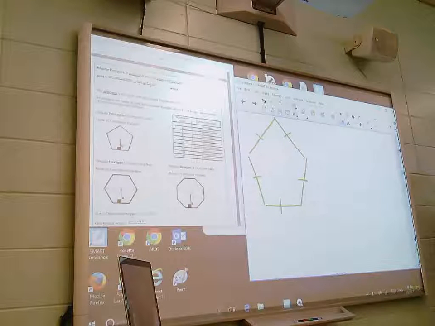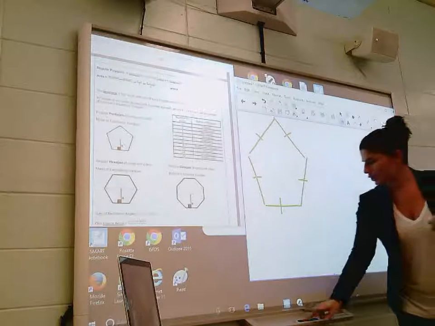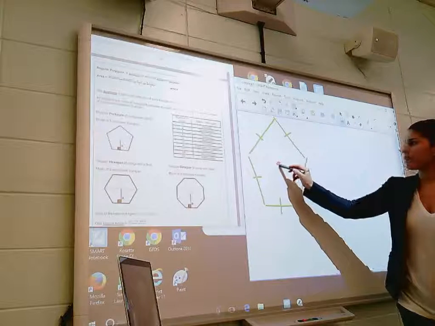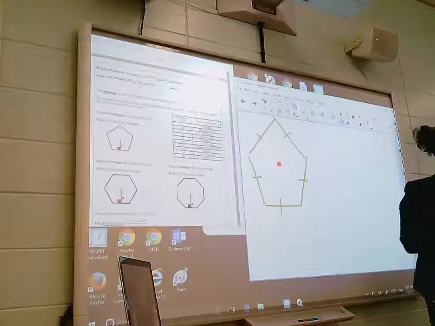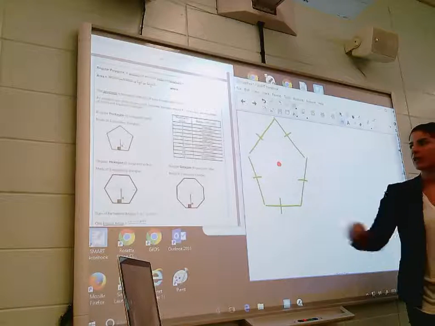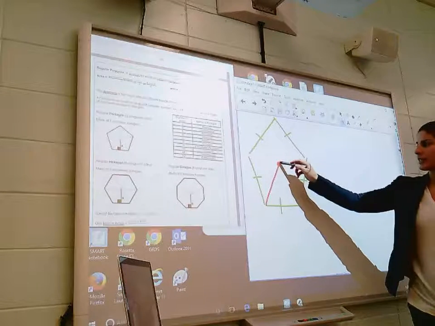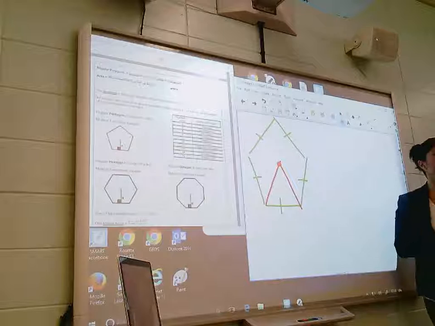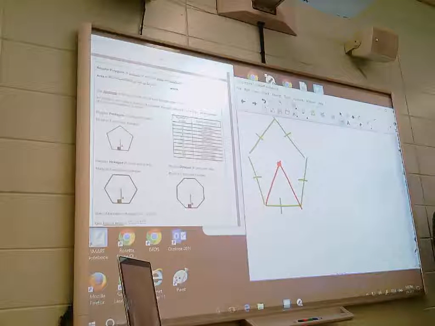I need to find the area inside of this polygon, this regular polygon. Check out what I'm going to do. There's a shape that lives inside my pentagon. Who thinks they know what shape lives inside my polygon?